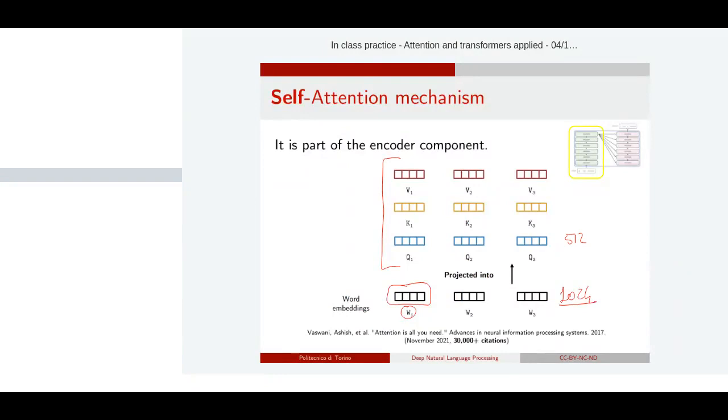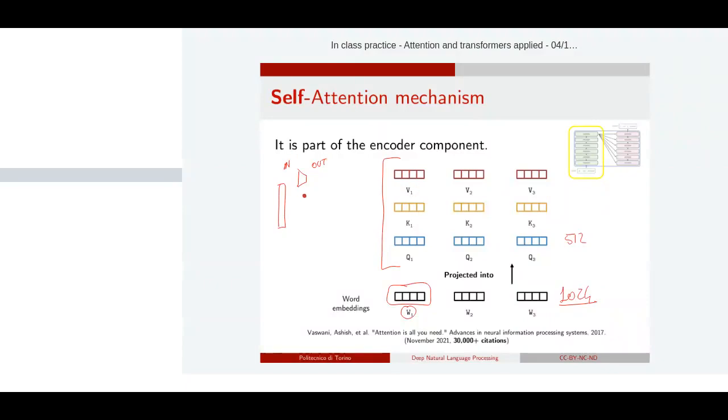How are they obtained? Given a vector, I use an MLP, a multi-layer perceptron, like a very shallow neural network, actually a single layer, that goes from the input dimension, the word embedding dimension, to the output dimension that I want for V1, K1, and Q1.